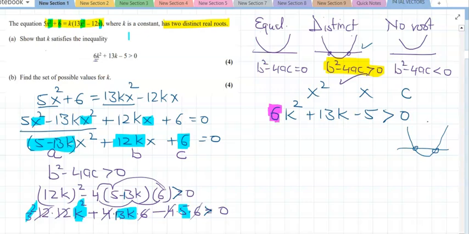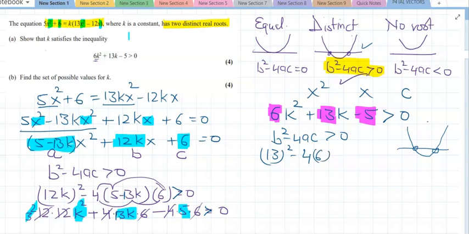This is A, this is B, and this is C. And the same formula we are going to use: B square minus 4AC is greater than 0. So B is 13 square minus 4, A is 6, and C is minus 5, is greater than 0.